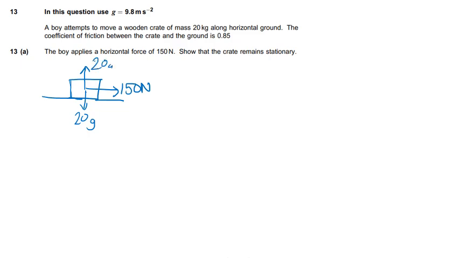So the normal force acting up is 20 g, and therefore the friction force, if it was to move, would be 0.85 times 20 g. Let's work out the friction force, which is the friction force that the boy has to overcome for the crate to start moving. 0.85 times 20 g is equal to 167 newtons.